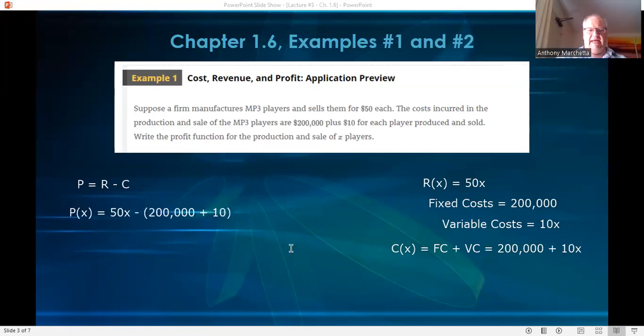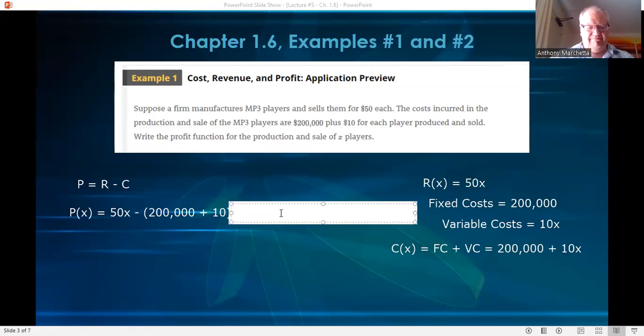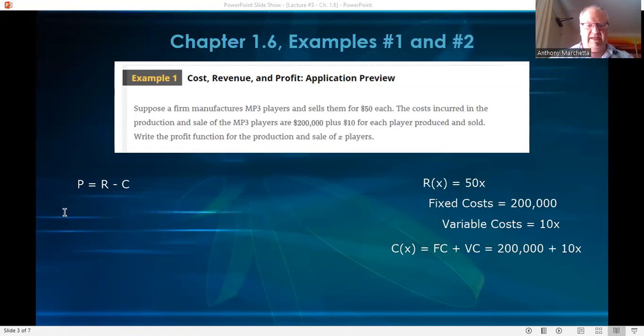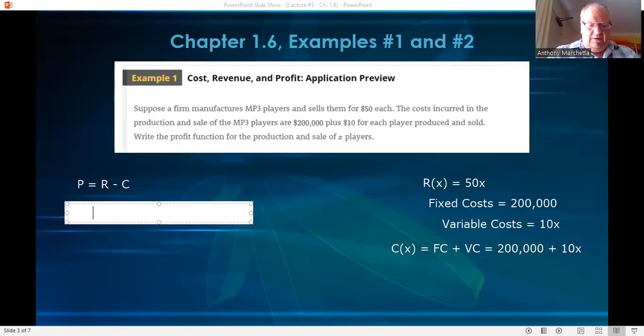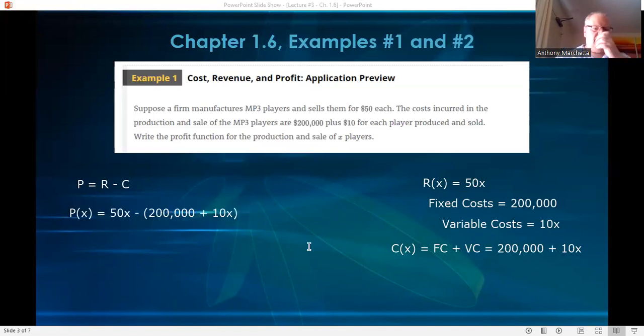Take a look at the way I did that. There's an X missing there. Let me do that again. There we go. That's what I meant to say.